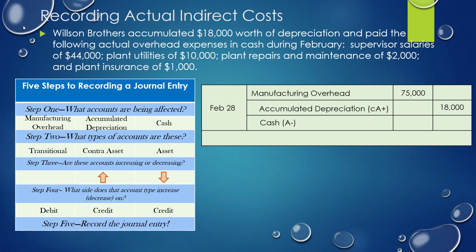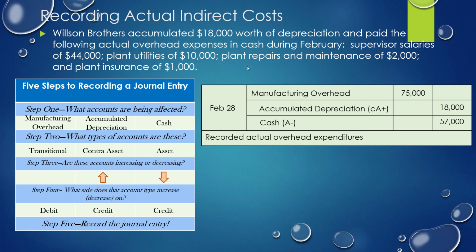And we're going to credit cash for the total of all of the indirect costs to be paid in cash during the period, which is our $44,000 of salaries, plus our $10,000 of utilities, plus the $2,000 of maintenance, plus the $1,000 of insurance expense. That all totals up to $57,000, which makes our debits equal our credits in the journal entry to record the actual overhead expenditures we had during the period.